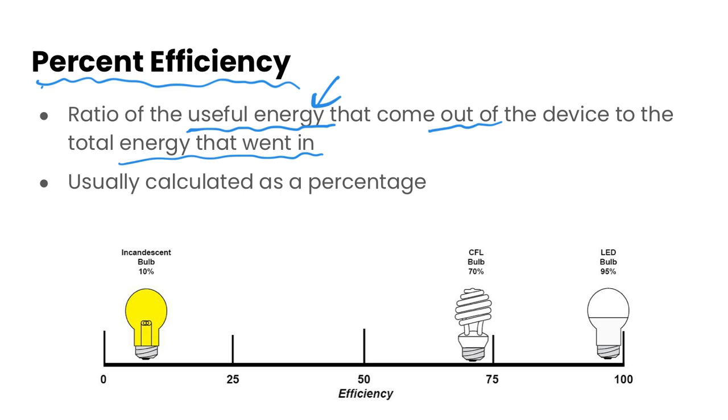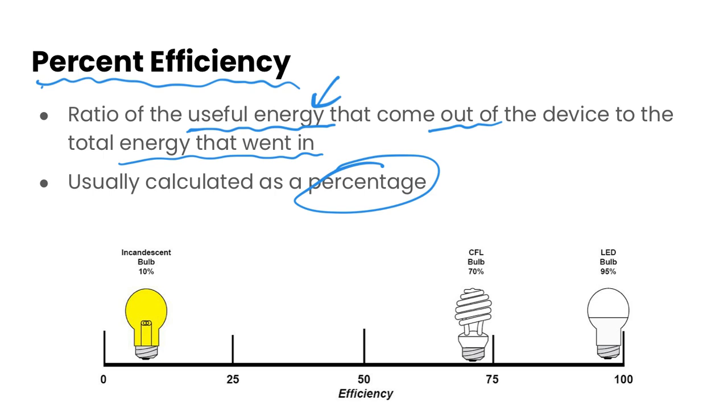Knowing the percent efficiency will help us to decide what sort of device we want to use, because the more efficient it is, the better it's going to do in terms of turning our energy into usable output energy. So this is usually calculated as a percentage.